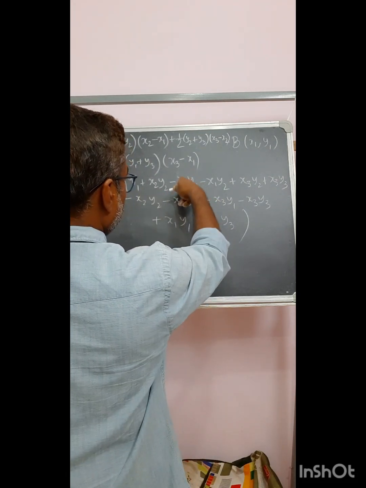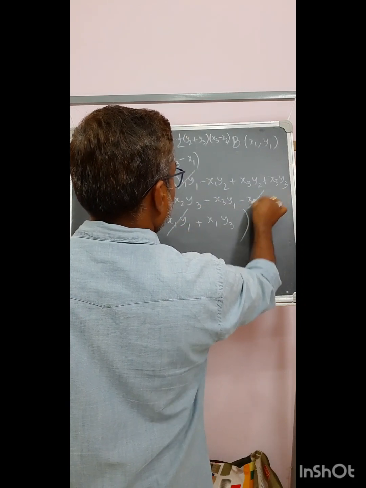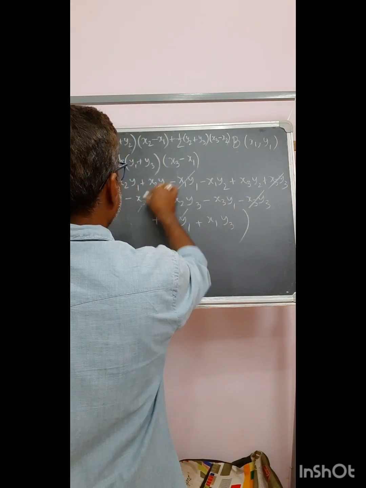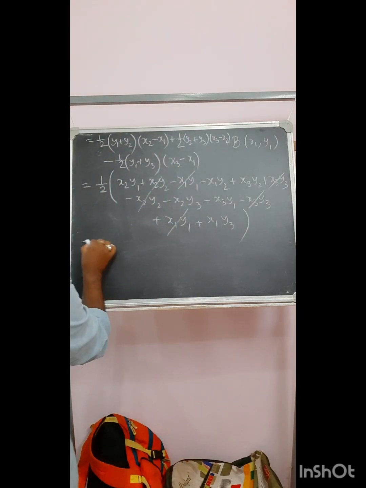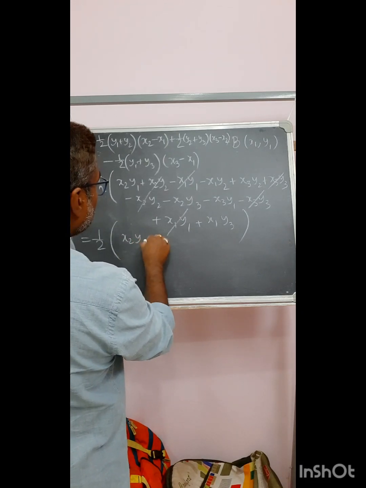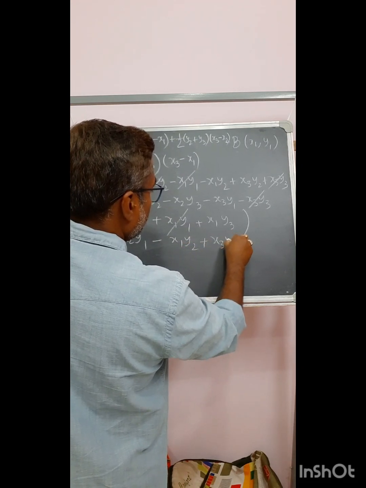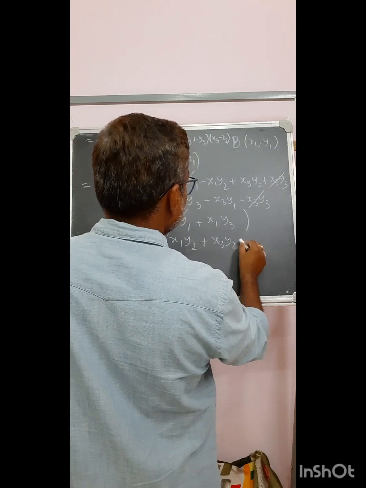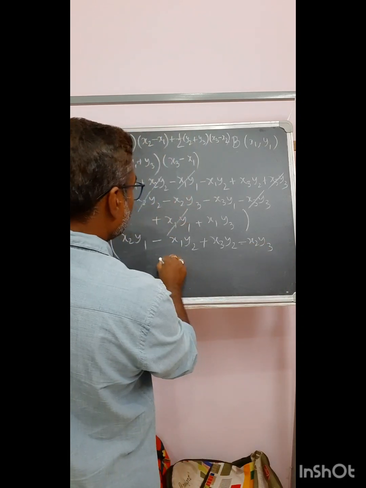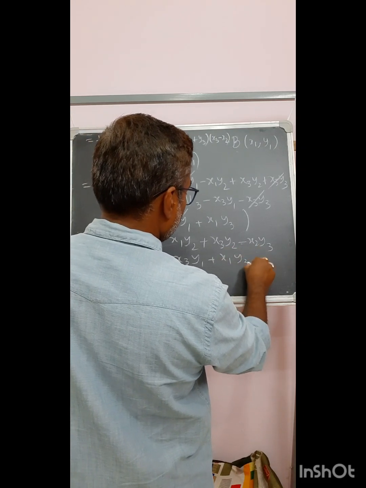The same terms X1 Y1, X3 Y3 and X2 Y2 will cancel out. The remaining terms are X2 Y1 minus X1 Y2 plus X3 Y2 minus X2 Y3 minus X3 Y1 plus X1 Y3.